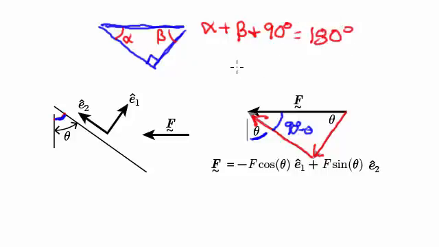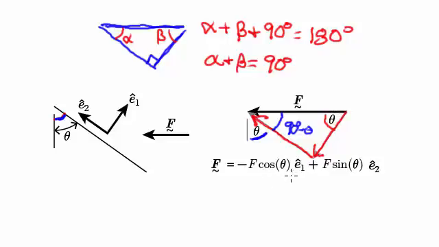Now if you bring the 90 degrees back over, you'll find that alpha plus beta have to add up to 90 degrees for this right triangle. So this angle right here, which is 90 degrees minus theta, plus that angle right there, have to add up to 90 degrees. So this angle right here has to be theta, which is what I've already written in there. So that explains the rest of the stuff here, right?